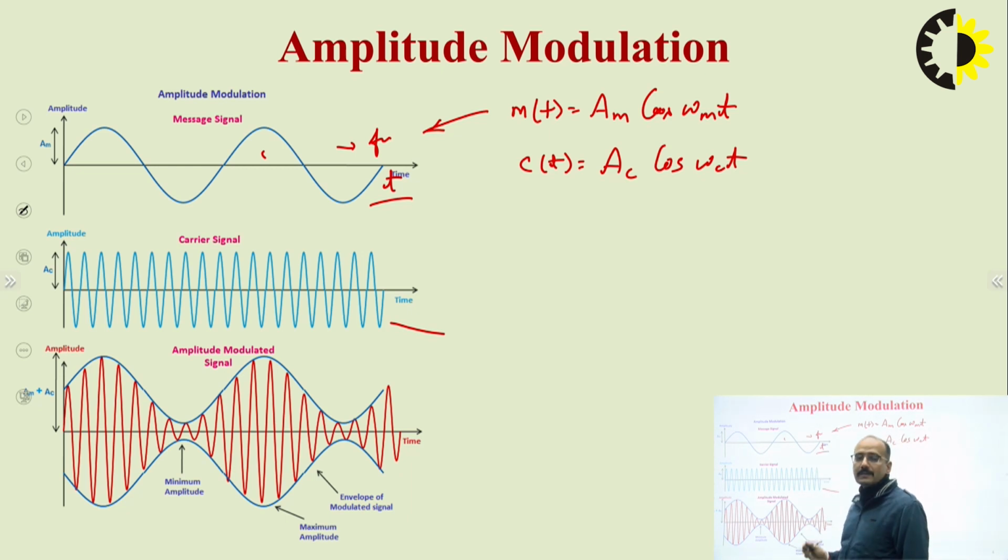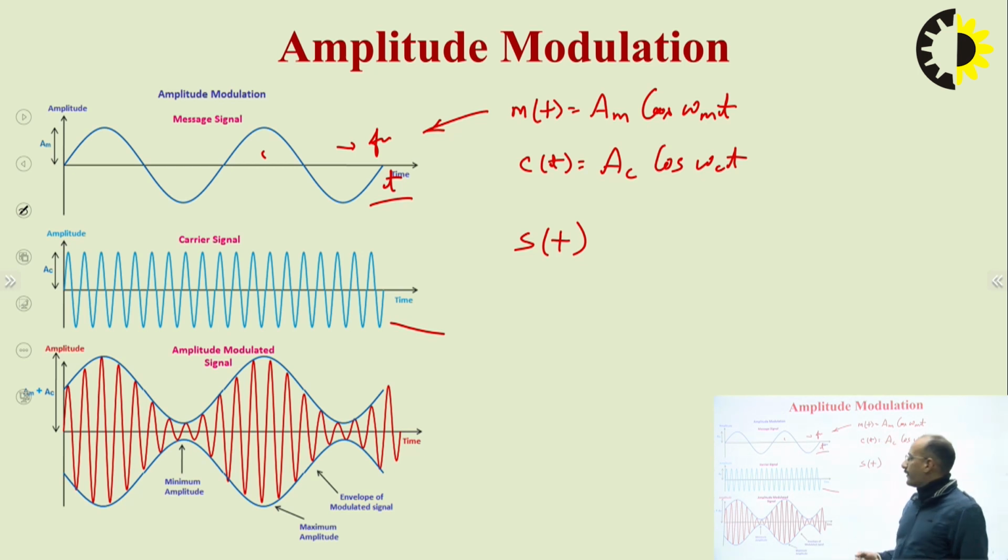Now as per the amplitude modulation formula, the resultant s(t), that is, the amplitude modulated waveform, is denoted by, as I told you, as per the definition of AM, the amplitude of the carrier is going to be changed, not the frequency or phase.